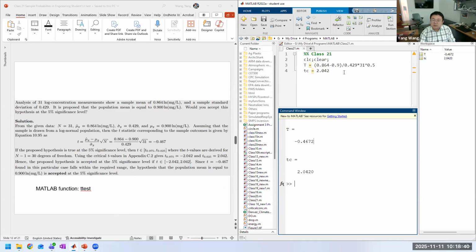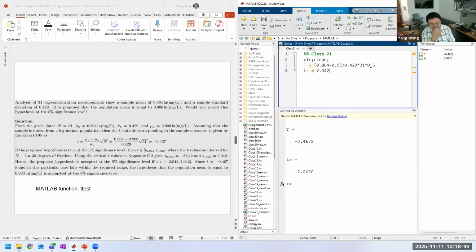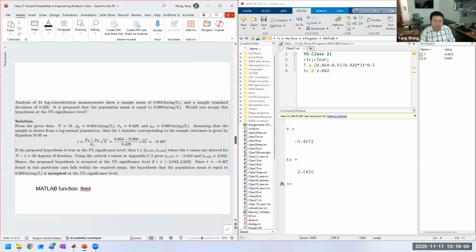Okay, so this is basically how we can calculate by pen and pencil, right? We list out the equation and then get the result. In MATLAB, there is a ttest function which allows us to do the student t-test. But the only thing is that for the ttest function, you have to provide the real sample data.